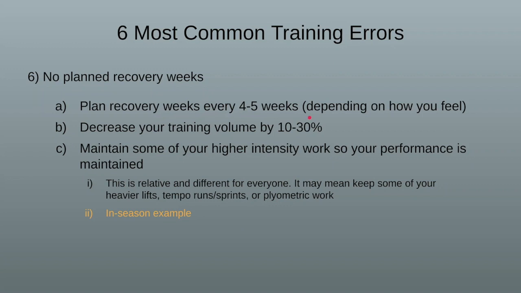And recovery week doesn't mean rest. That just means start to decrease your total volume by 10 to 30%, depending on the person. The fun thing about this is that you get to maintain some of your higher intensity workouts. So your performance is not going to have long enough to start to decrease here.